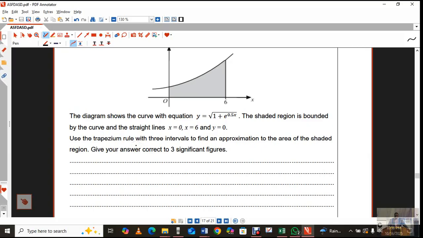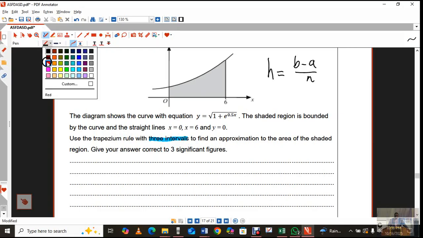One of the things you should know is that h is equal to (b minus a) divided by n, where n is the number of strips, and they will tell you. If you read, this is also a hint. They say how many intervals. Those intervals, the number of strips, that's what you're going to have.